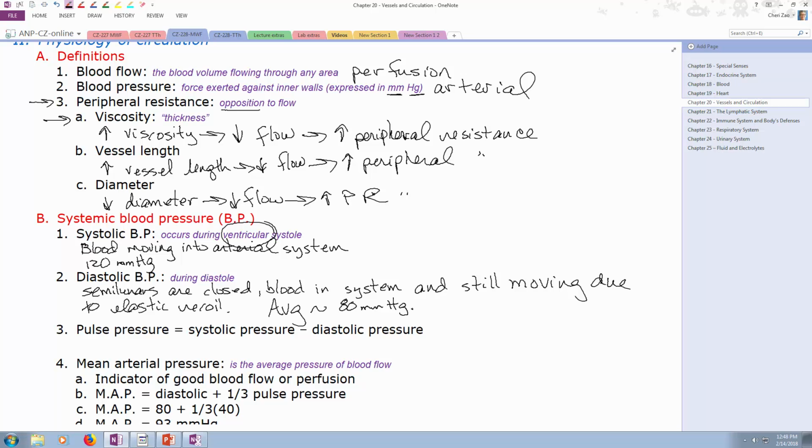So in systole, we get a big bolus of blood into our aorta. It expands, so that means pressure's up, correct? In order for it to expand like that, pressure is up. Now we close our semilunars, and we know that the blood wants to fall back into the heart, and that's why the semilunars close, correct? But because now we can't go back into the heart, we've expanded, we still have to go someplace, right? Because we're going to recoil, and that's going to push the blood down the arterial system.